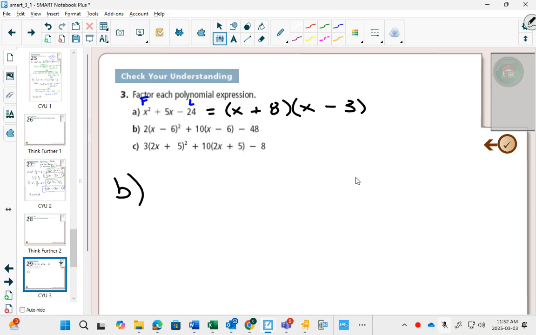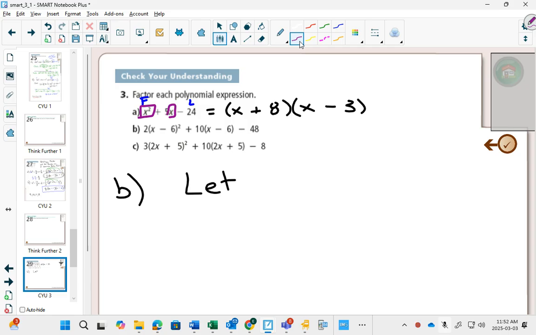And for the shortcut, you get to pick any letter you want other than X, because X is already used. So Audrey, pick a letter. What letter would you like to use? A. Oh, good choice. So what we do is we say, hey, I know how to factor when it's something squared and then a number times that something.